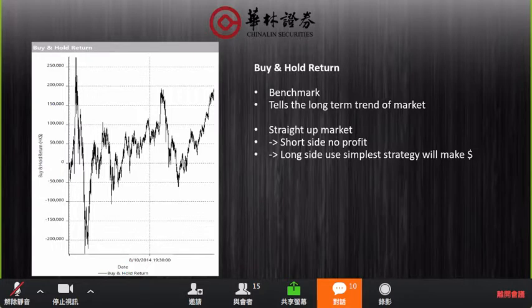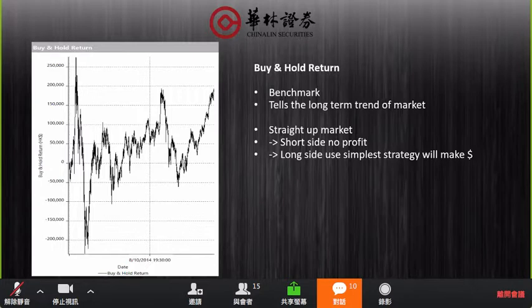However, I'd also like to add one point: consider the buy and hold return. You also suffer from the MDD of this buy and hold chart. Just like you hold a long position and put it away for 10 years. Of course, midway you still encounter unrealized profit or loss.